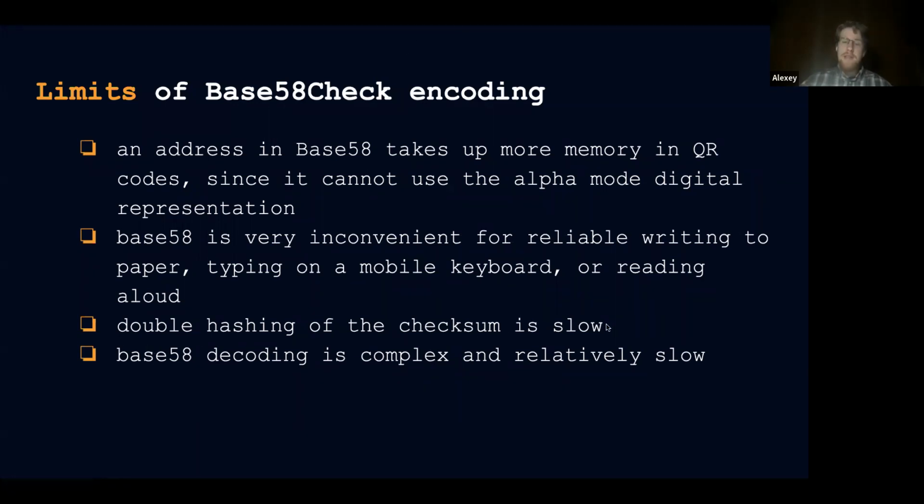Also, double hashing of the checksum is slower, and especially it is a problem on the devices with lower computing power. And the encoding algorithm itself is complex and relatively slow.